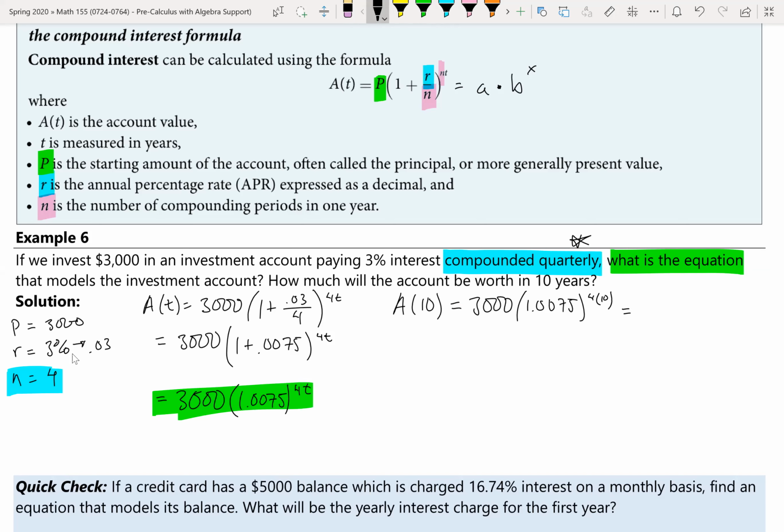I need a calculator. Okay, 4,045 and 5 cents.